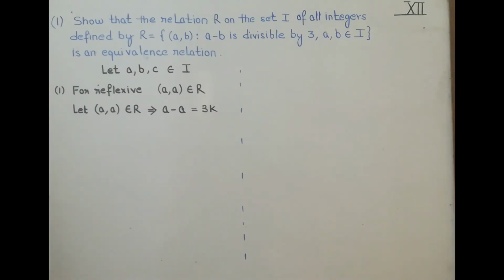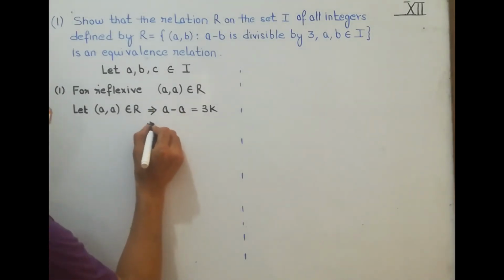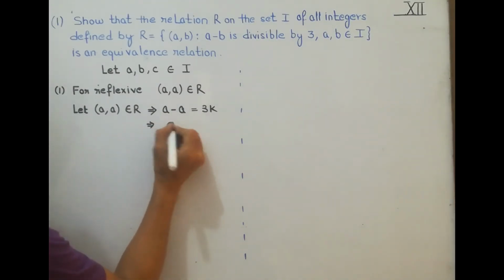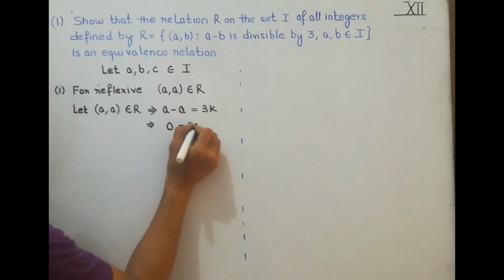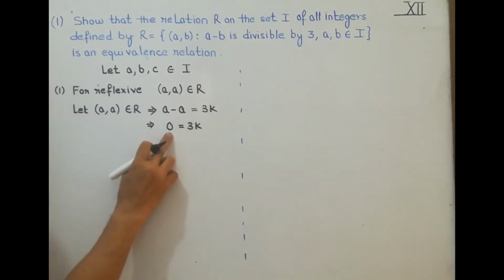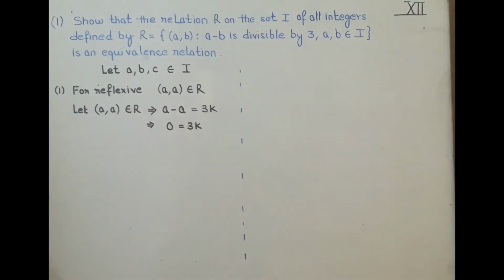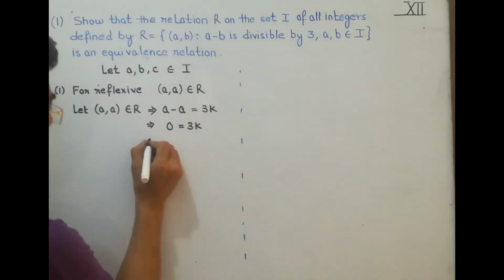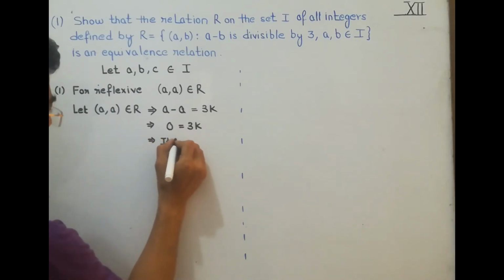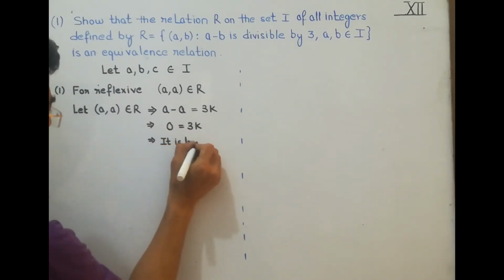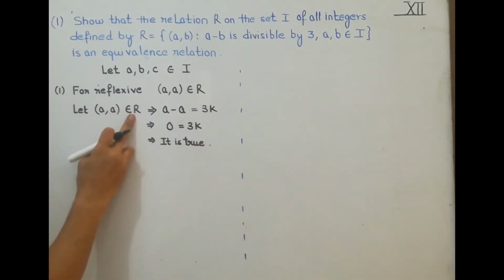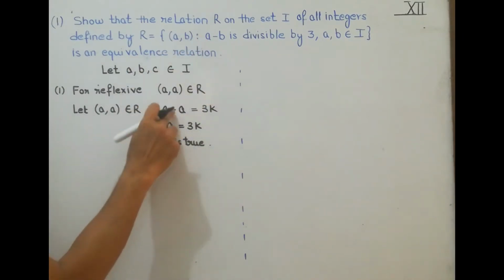Now this left side becomes 0. Now let us see whether this statement remains true or not. In this statement you can see 0 can be divided by 3. So the statement remains true. So what can we say? That statement is true. So on considering (a, a) belonging to the relation, this relation remains true.